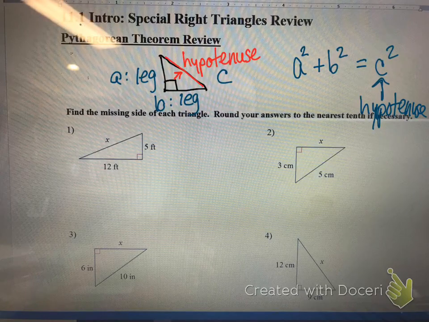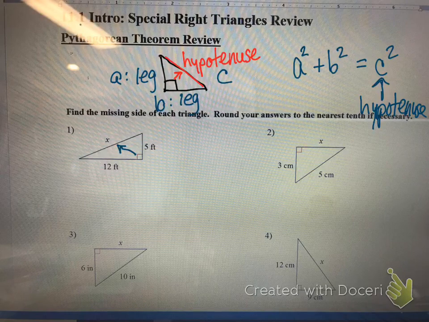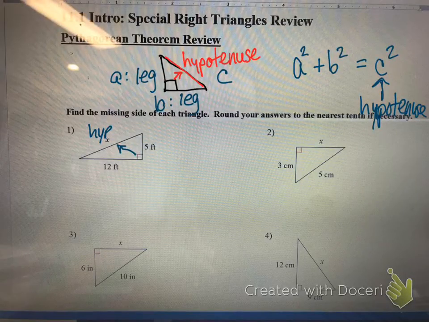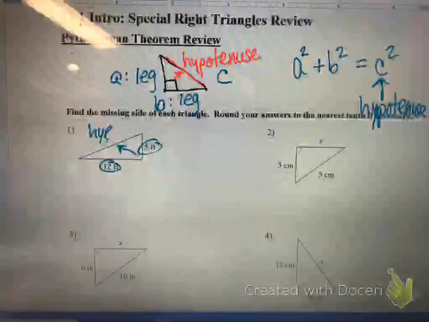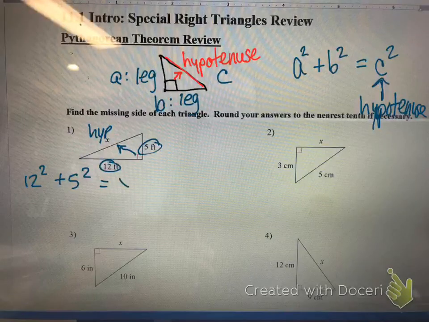So I'm just going to do one of these for you guys. First thing, identify which side is your hypotenuse, which goes on the other side of the equal sign. These two are my legs, so I'm going to set it up: 12 squared plus 5 squared equals x squared.